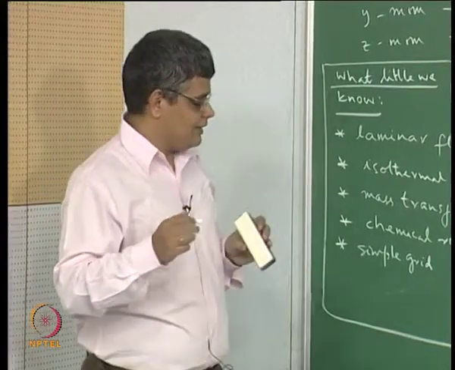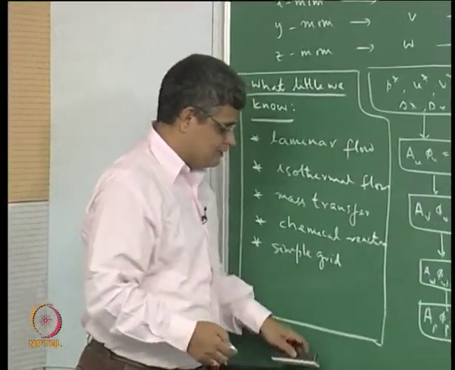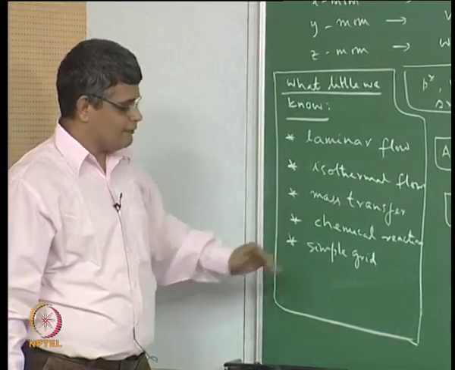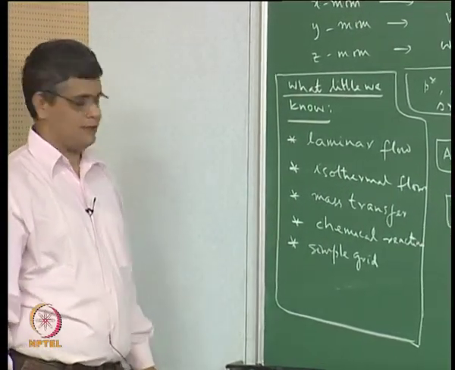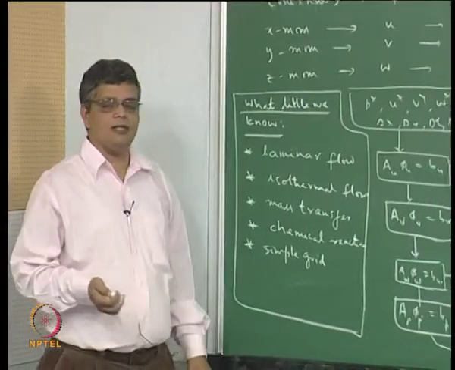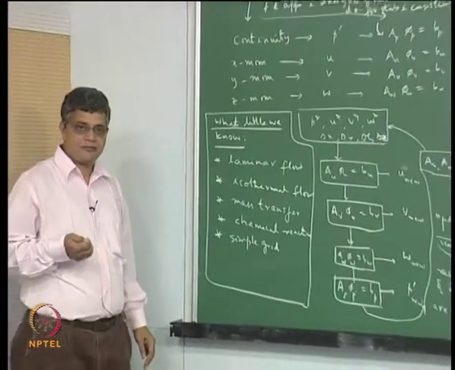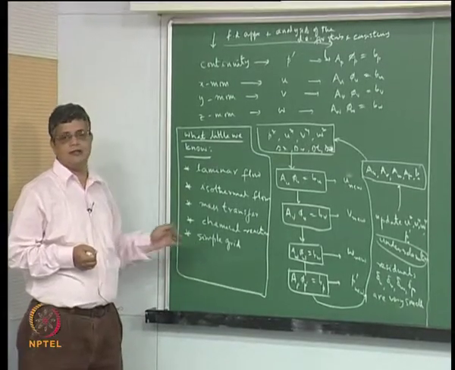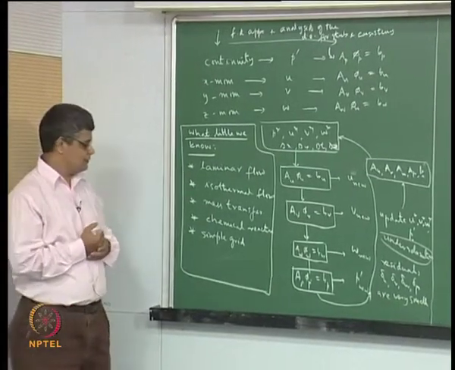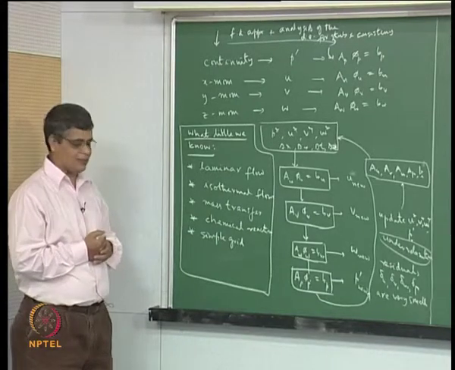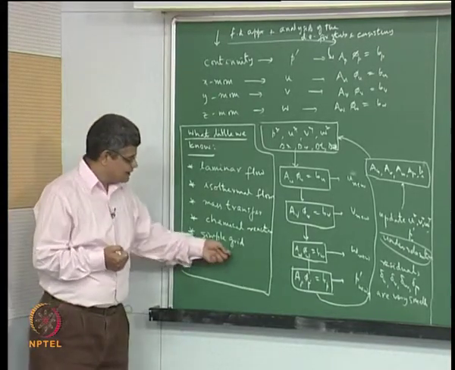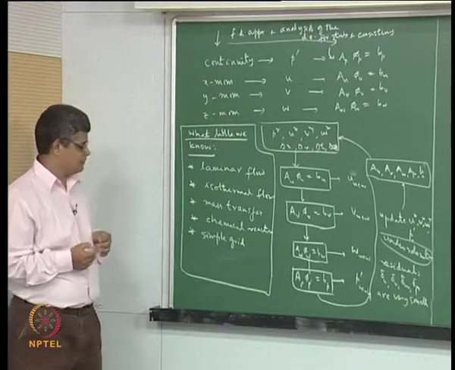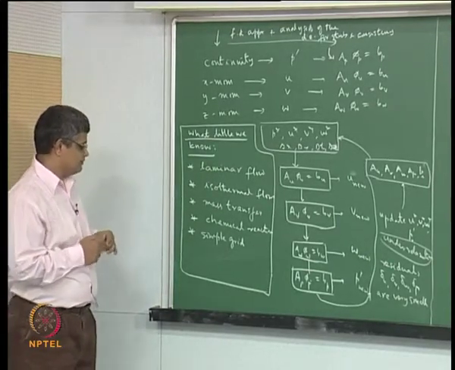So in that sense whatever method that we have developed here is applicable only for the case of simple grid. Typically when we are looking at realistic flow conditions, then we have more than a simple grid as a requirement. Okay, so in that sense simple grid assumption is a very severe assumption that we have.